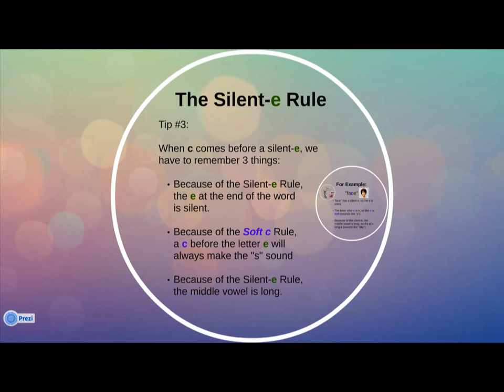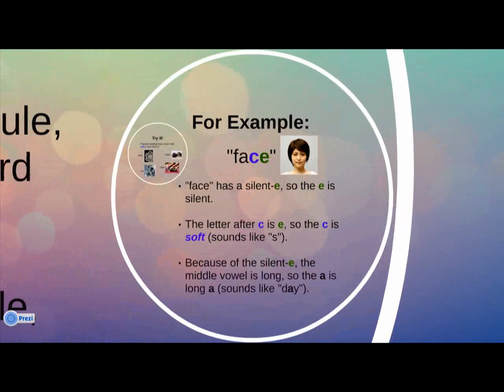And when you have a soft C in the same word, it will actually be the vowel right before the C, which will be long. We can see this in the example word face. We look at the word first and see that the last letter is E, and it's a silent E, so we know we don't pronounce the E. The next thing we look at is that the C has the letter E after it, so that means it has to be a soft C, and it will sound like S. So far, we know that this word ends with a sound S because the C makes that sound and the E is silent.